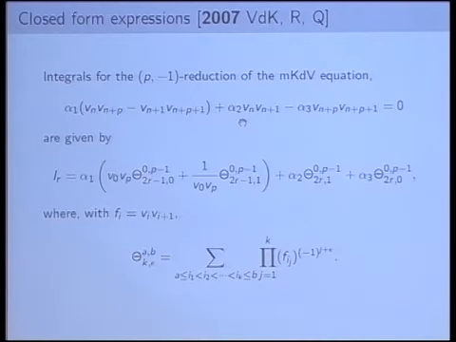So we have been looking at reductions where there's a parameter in your reduction. So you can look at some arbitrary family of reductions of certain equations. And the surprising thing was that we were able to find an explicit formula for the integrals in terms of multisums of products.